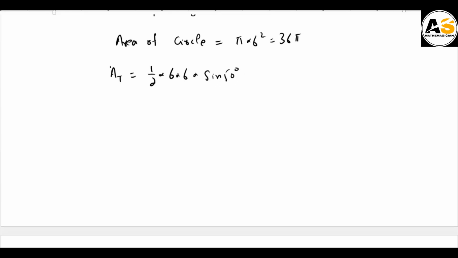So the area of the triangle will be 13.79, and the area of the sector is 15.71.